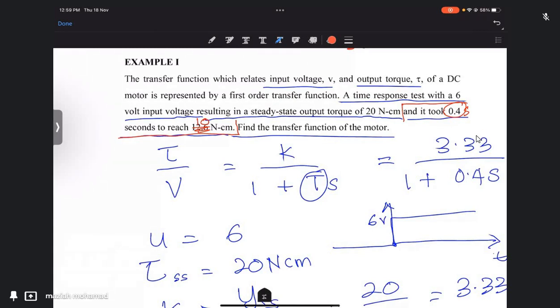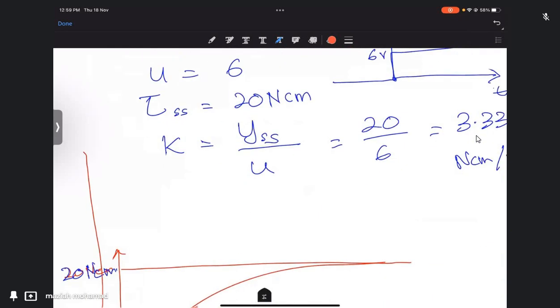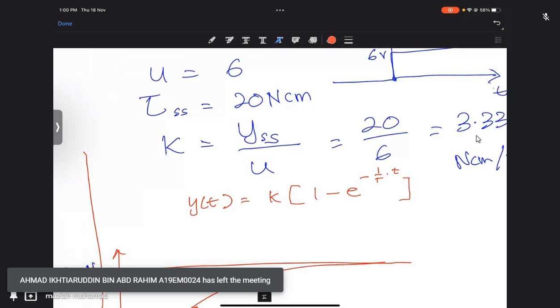In order to solve this, you're going to use the equation y(t) equals K multiplied with 1 minus exponent negative t over T. K is already known.